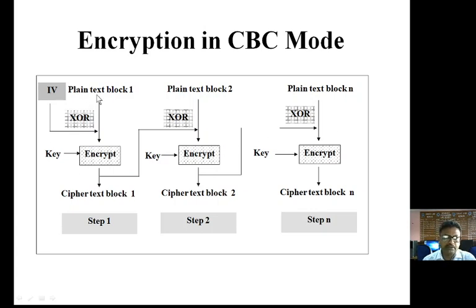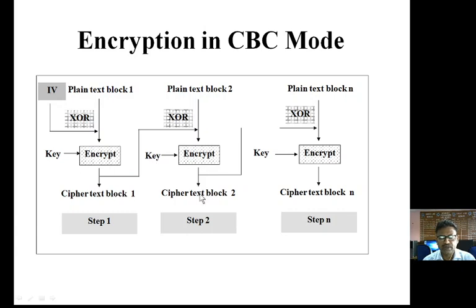So what does it mean? The plain text block is 64-bit, and ciphertext block 1 will also be 64-bit. In the first step, we consider a 64-bit random initialization vector, it is XORed, and then encrypted with the help of the key, and we get ciphertext block 1. This ciphertext block 1 is fed and XORed with plain text block 2 to get a value as input to the encryption algorithm.